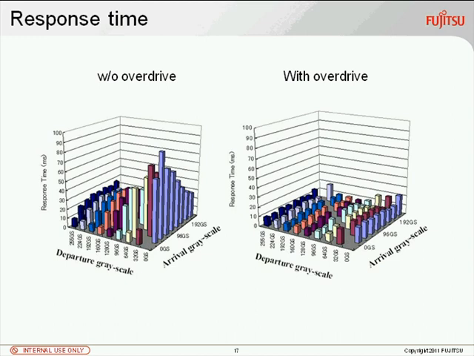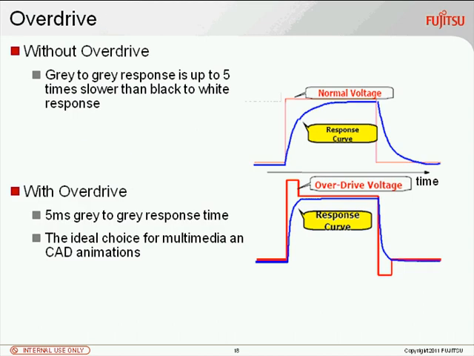How does it work? Without overdrive, the red line shows the voltage on the pixel when you switch from dark, for example, to bright. The voltage switches very fast. However, the LCD modules follow slower, and also the brightness of the dot follows slower.